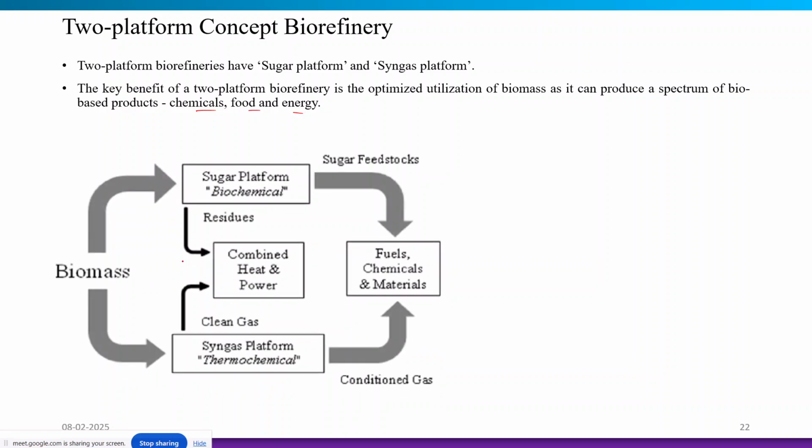So you can see this is the biomass feedstock. It is having one sugar platform, another one is the syngas platform. So this sugar platform, this sugar, it contains cellulose, hemicellulose, and other C6, C5 sugars.